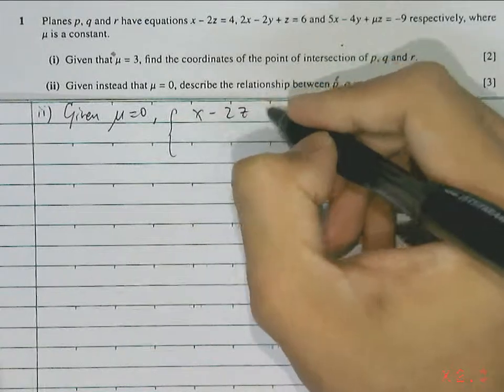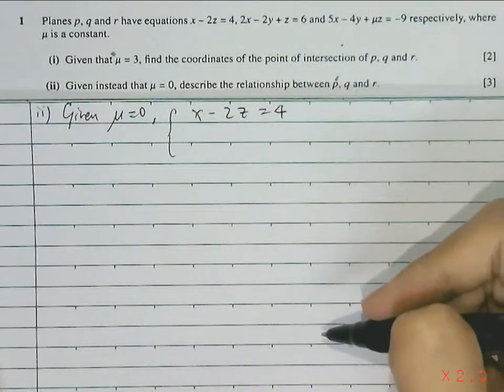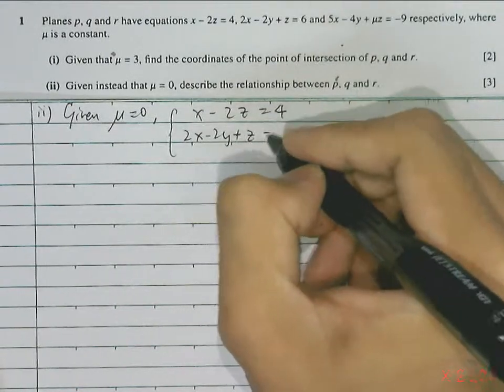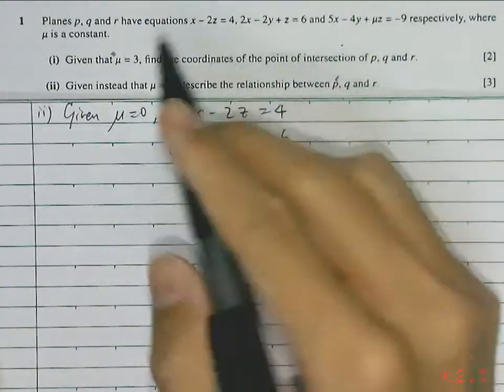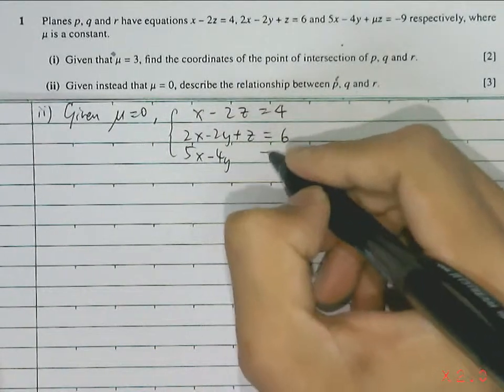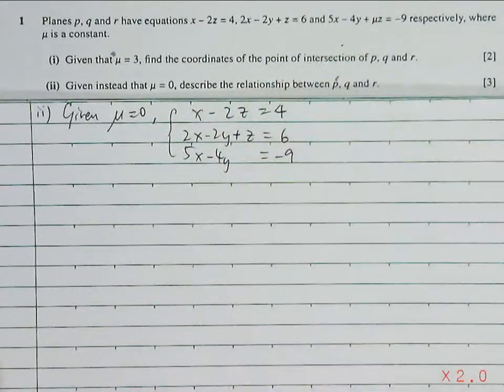So we will first write out the 3 plane equations. x minus 2z equals 4 for plane P. For plane Q, 2x minus 2y plus z equals 6. For plane R, it will be 5x minus 4y equals negative 9, since mu equals 0.